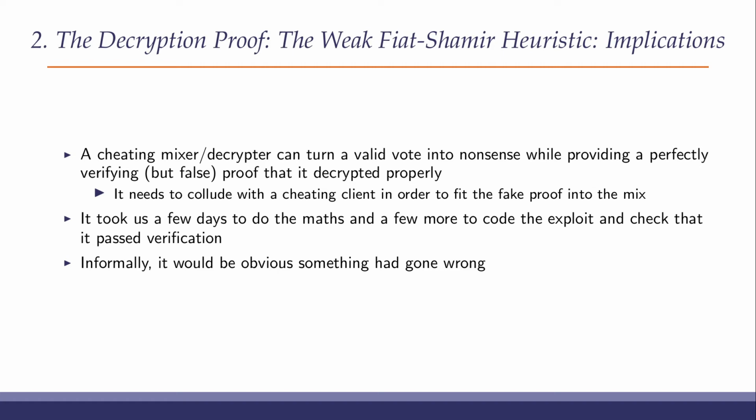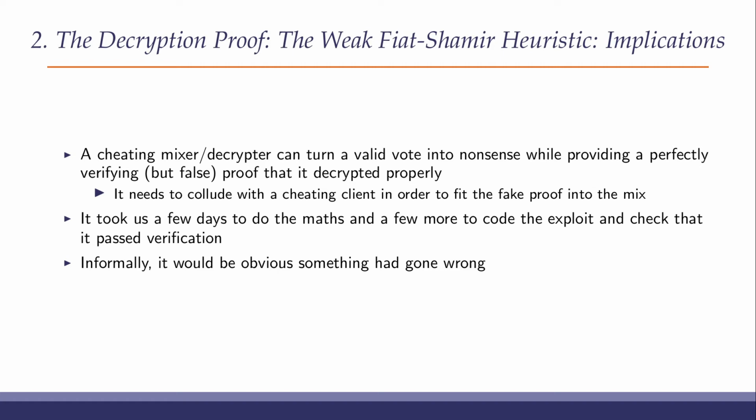And this cheating decryption service could fake a zero-knowledge proof of proper decryption, which verified perfectly well according to the specification, but was in fact completely fake. It would need to collude with a cheating client to fit the fake proof into the mix, but the cheating client wouldn't have to actively diverge from the protocol. It would just have to leak information about the randomness that it had used to build the vote.